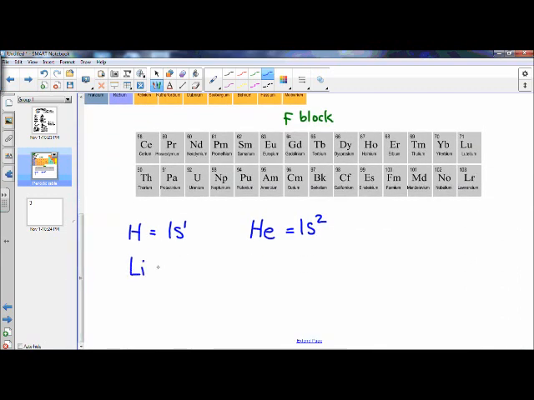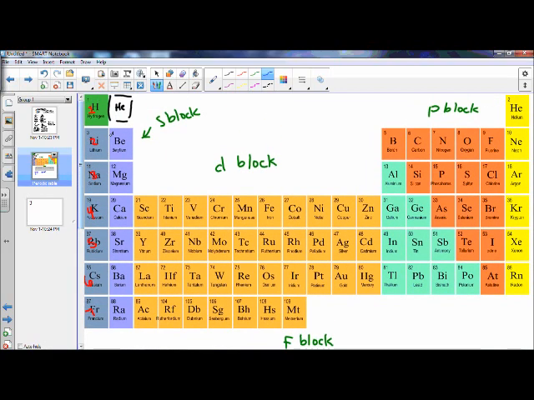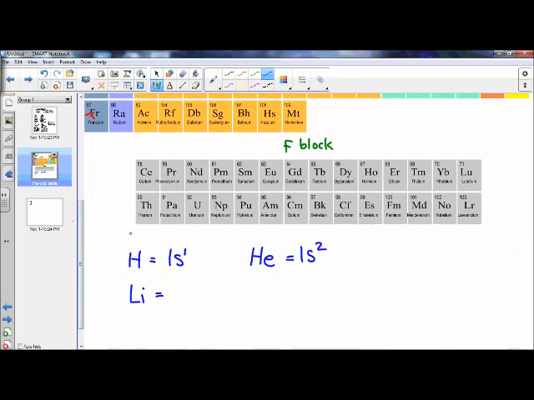Let's look at lithium. Now, lithium is on row 2. This means that it has electrons in levels 1 and 2. Now, row 1 is just the 1s orbital, and it has room for 2 electrons, so of lithium's 3 electrons, the first two have to be in the 1s orbital. So it's 1s2.